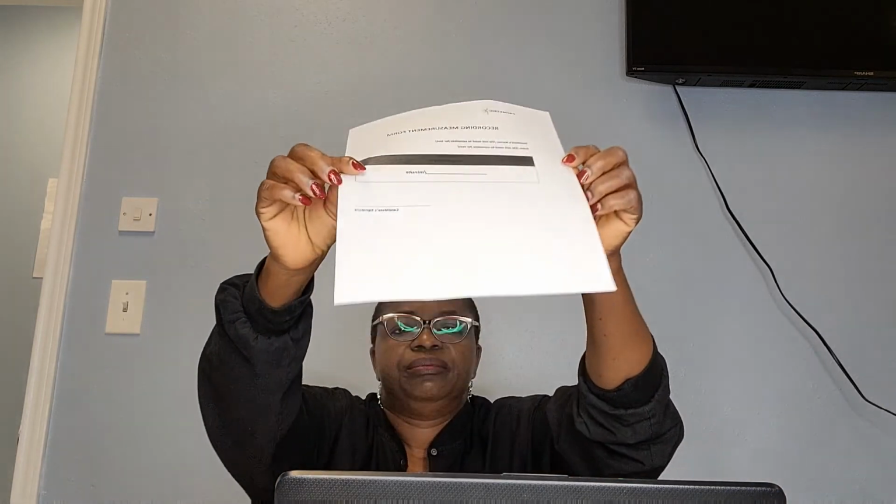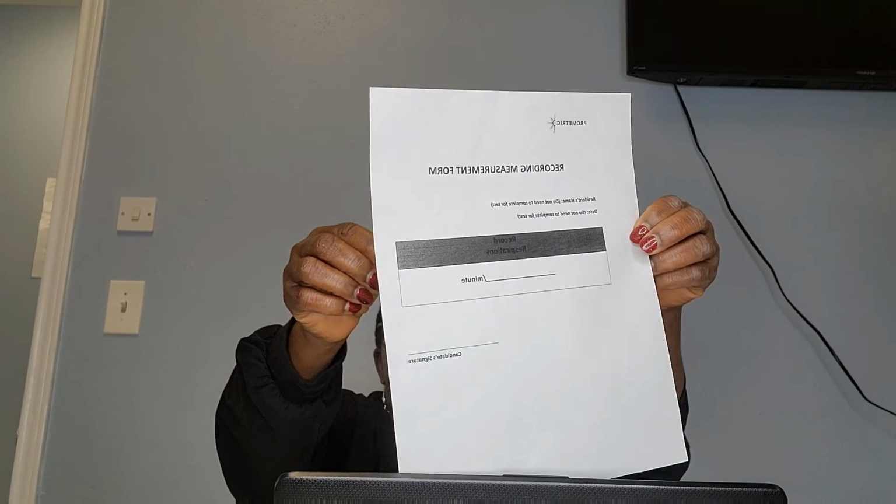Count respiration for 1 full minute. Record respiration rate on the measurement form within plus or minus 2 breaths per minute of the nurse's measurement. Again, this is our measurement form. This is how it looks.